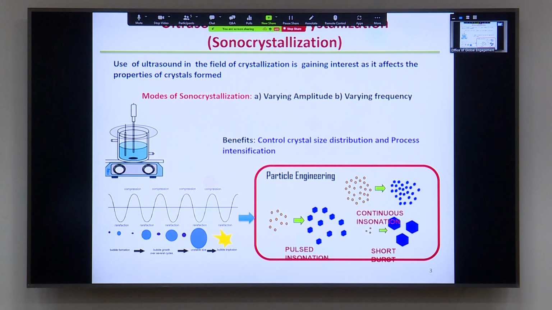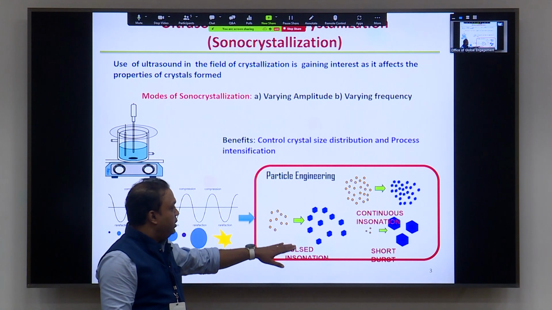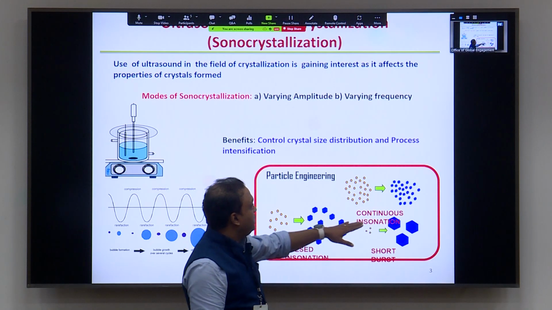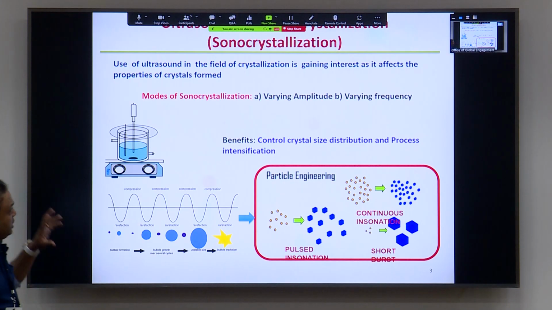In ultrasound, cavitation bubbles are formed. These cavitation bubbles increase the nucleation rate and decrease the particle size, and here you can see, in particle engineering, different ways of ultrasound insonation by which the crystal size can vary. So our target is to use ultrasound in crystallization, or sonocrystallization.